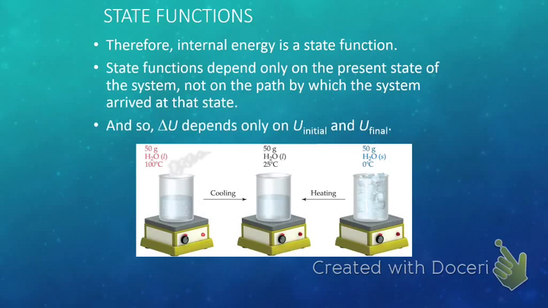So delta U depends only on U final and U initial. And that's where we got this idea that we could say delta U was equal to U final minus U initial. It doesn't say how it got there, like what pathway it took, but that's just what delta U is.